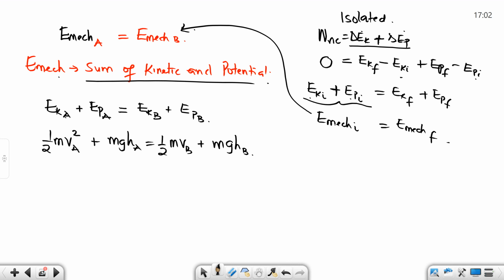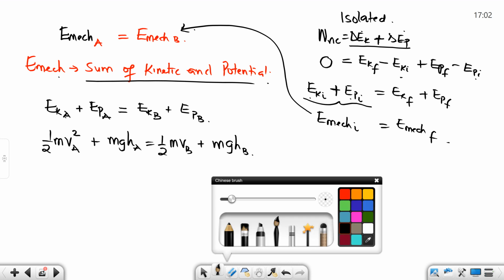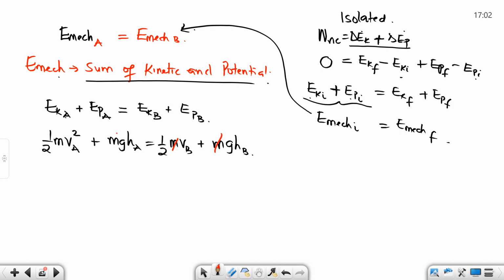Now, if I look at this whole thing, we can start substituting. Please listen. Do you notice they did not give you mass? When you get a question like this where there's no mass, you are allowed to factorize m out. Let's do what's right.